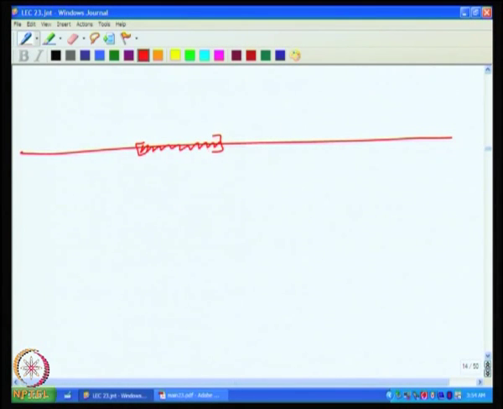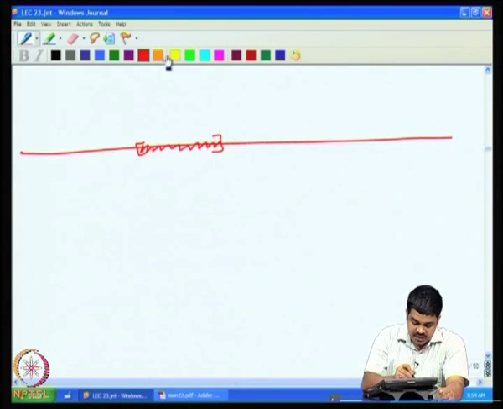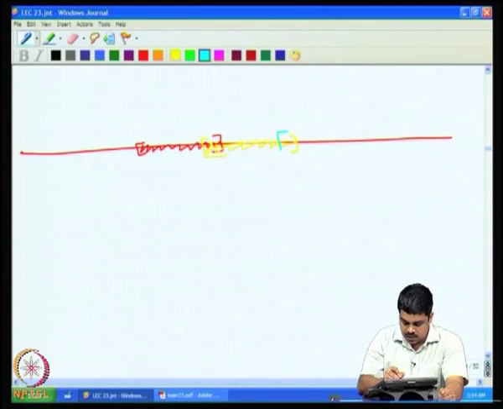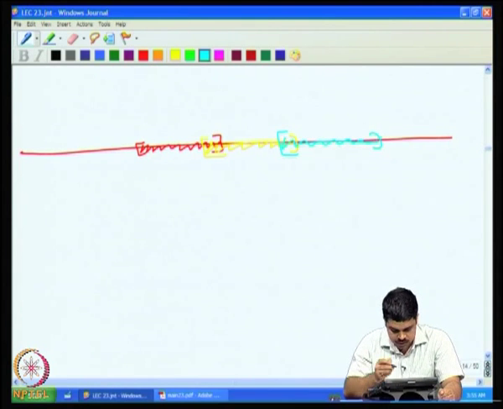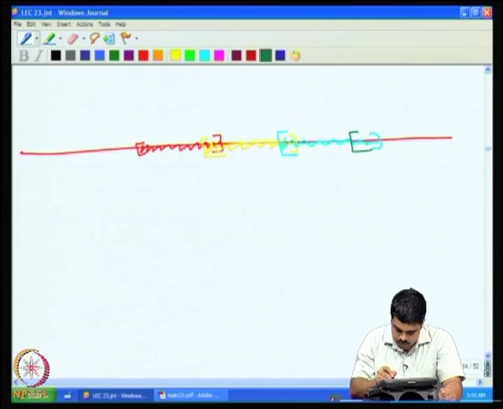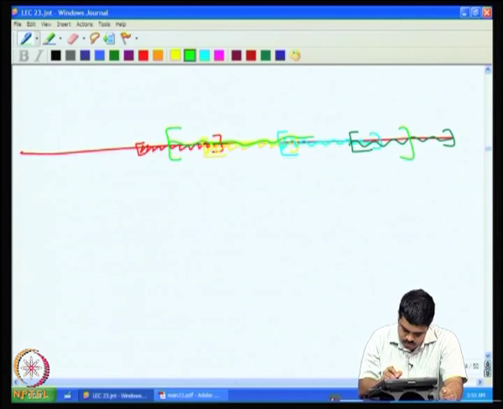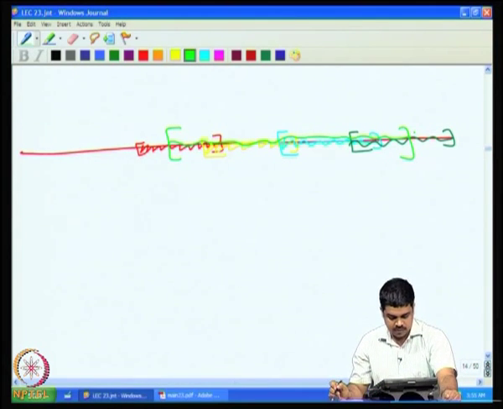So, now suppose I have several intervals, a family of intervals in the real line. I just take several colors for this, right, a family of intervals in the real line, these are several intervals. Like this, maybe, yeah, there is another one here, right, a family of intervals.